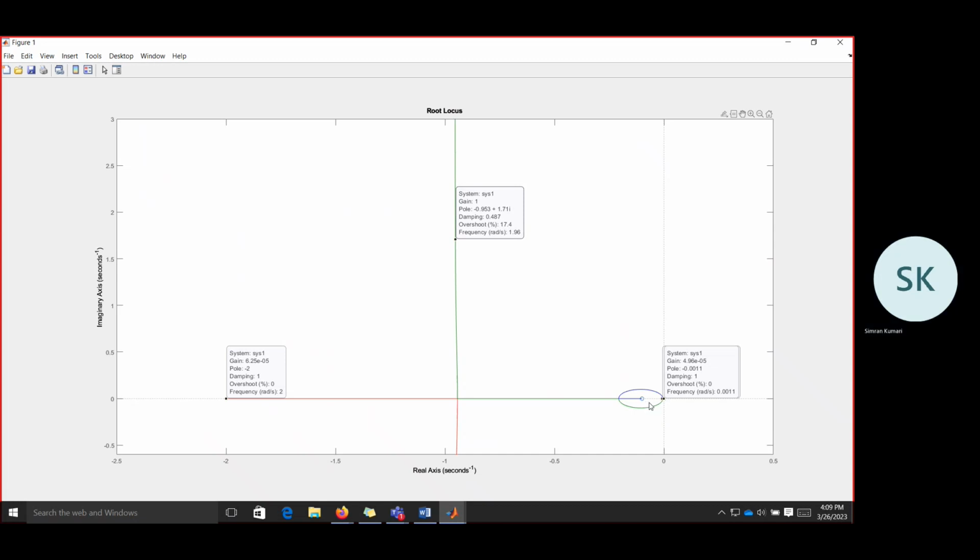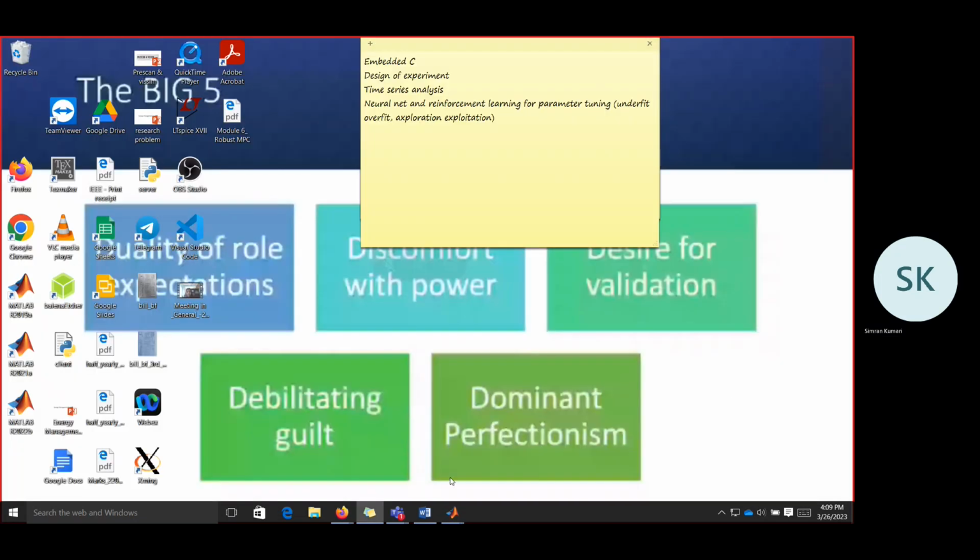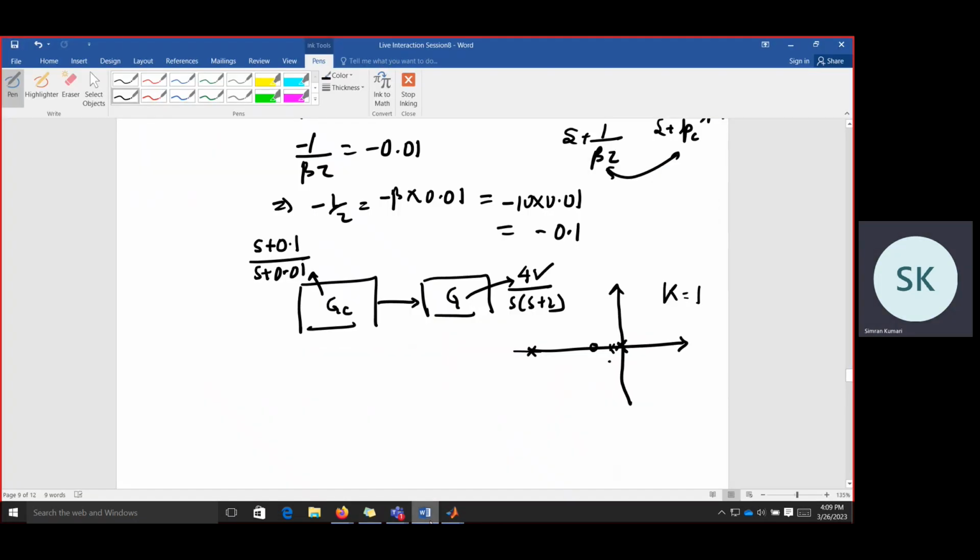Since this pole is tending towards 0, it's not totally cancelling this one, no? So there will be some effect because of this. There is a little change in the dominant pole, but otherwise the response will approximately be the same. Okay, so this we have seen from the root locus.